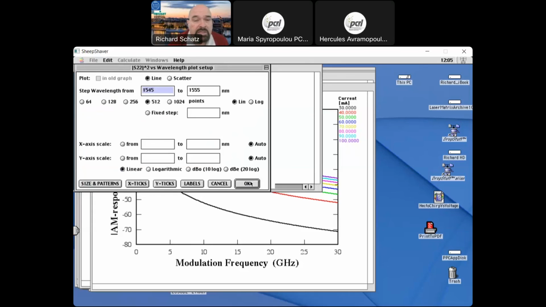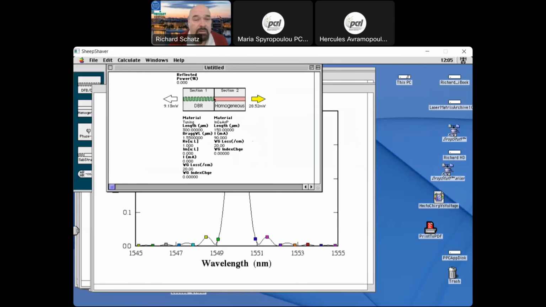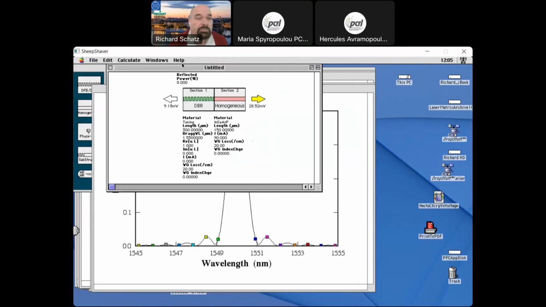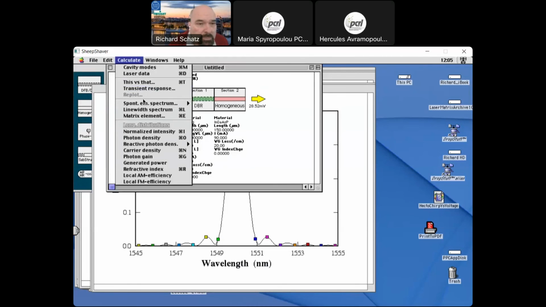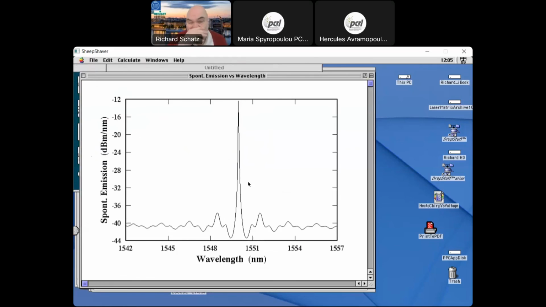And then we see we have one mode lasing exactly where we have the reflectivity peak of this. The other modes are much suppressed, so we get a nice single mode spectrum here. Here is the spectrum of this DBR laser.